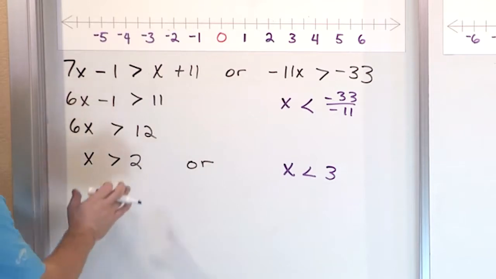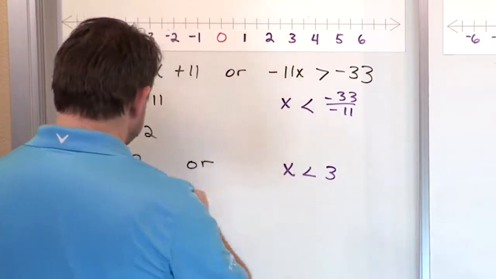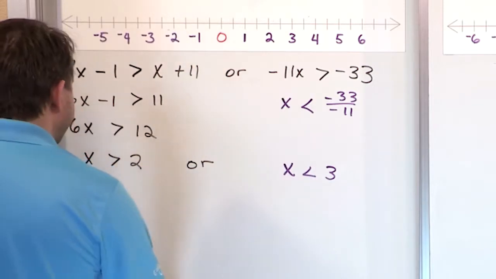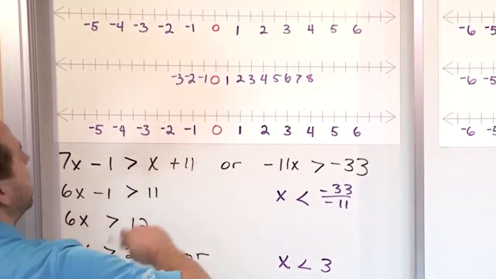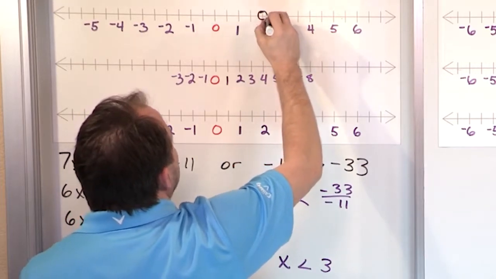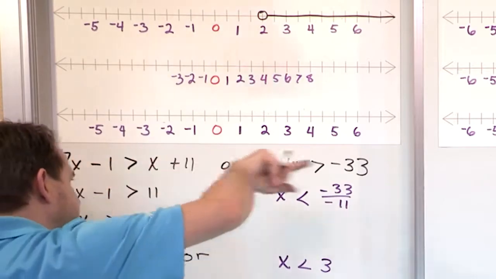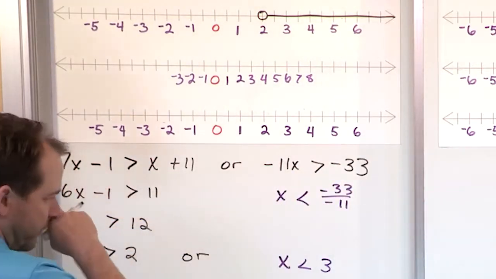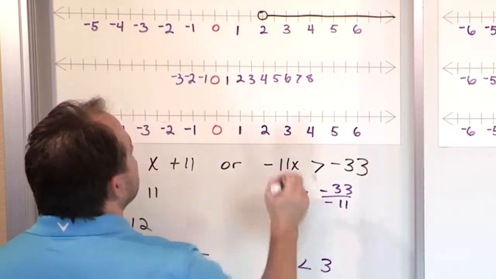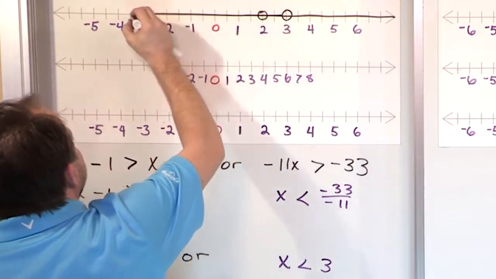Is it possible for x to be bigger than 2 ORed with x less than 3? Let's see on the number line how it works out. We're saying x greater than 2, so we put an open circle here, and greater than 2 would be all numbers to the right. X less than 3: 3 would be right here, and it would be all the numbers to the left.